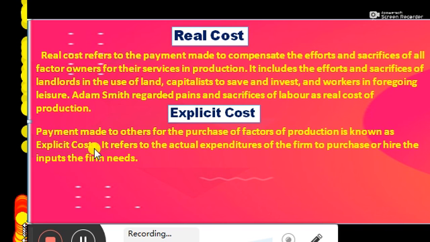Something going out: payment made for the purchase of raw material and hire of some factors of production. It refers to the actual expenditure of the firm to purchase or hire the inputs the firm needs. That is spending on raw materials and inputs, which we can call accounting cost. Spending in the form of money is called explicit cost.